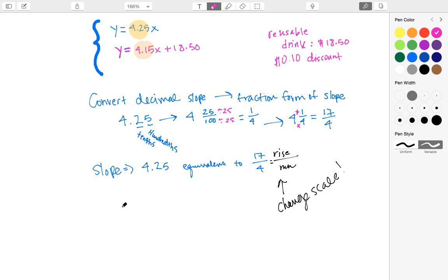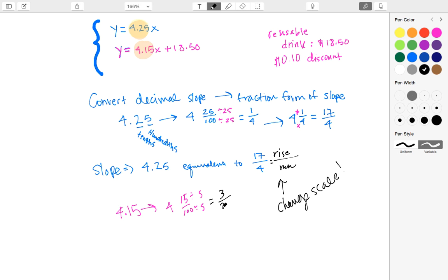I will do the second line. So if you have $4.15 and you want to change that, it becomes 415 over 100, and then both of these can be divided by 5, and so that equals 15 divided by 5 is 3, and 100 divided by 5 is 20.